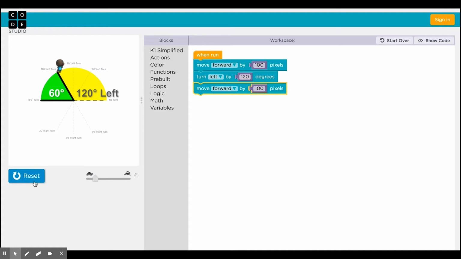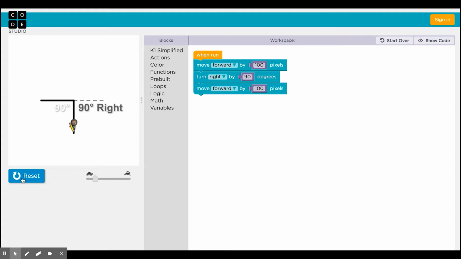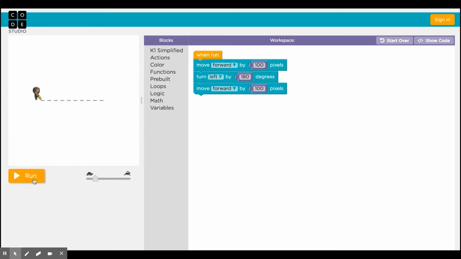That's because 120 plus 60 equals 180. Maybe you want to draw a square or a rectangle. In that case, you're going to need a 90-degree angle. A 90-degree angle cuts 180 degrees right in half, meaning you'll need a 90-degree turn for your 90-degree angle.